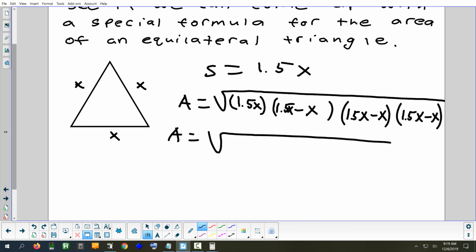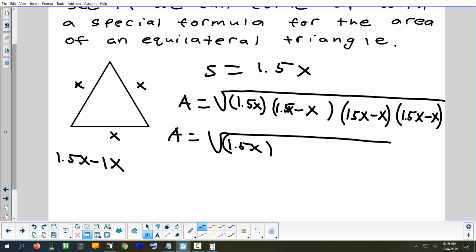So each time we do that, the first one's going to stay the same. But what's 1.5x minus x? Well, it's like 1.5x minus 1x. So half x. Yeah, we can write it half. You could write 0.5.